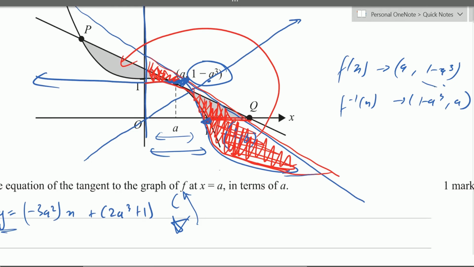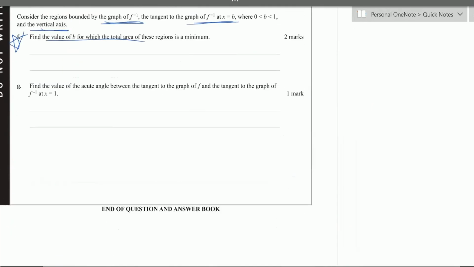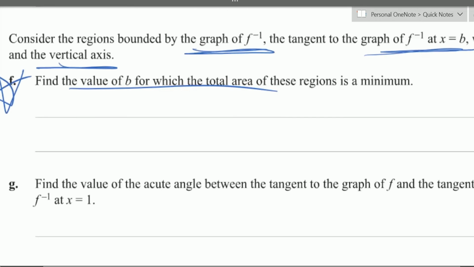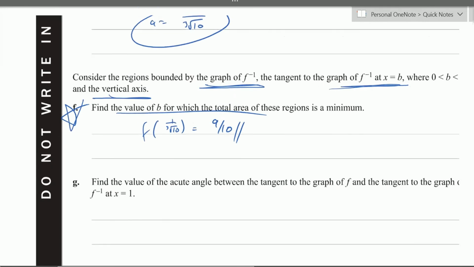So you just swap x and y. Area is just a minimum, so it's a minimum at the point of A. So we have to find what the y value is. So if you put this in, sorry, it's not A, graph of f, you get 9 on 10. So that's B.